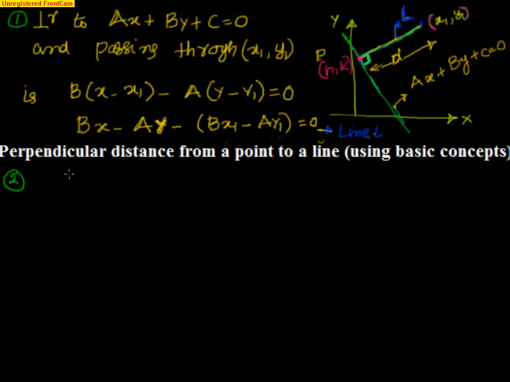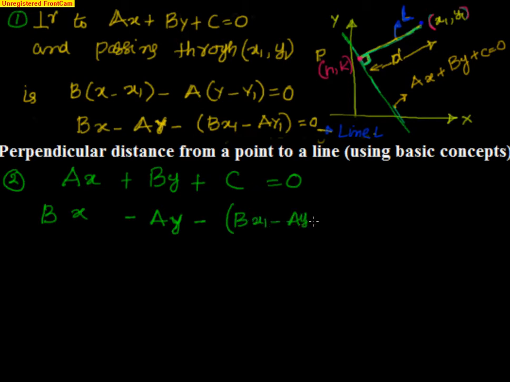They are ax plus by plus c equal to 0, and another one is bx minus ay minus bx1 minus ay1 equal to 0.